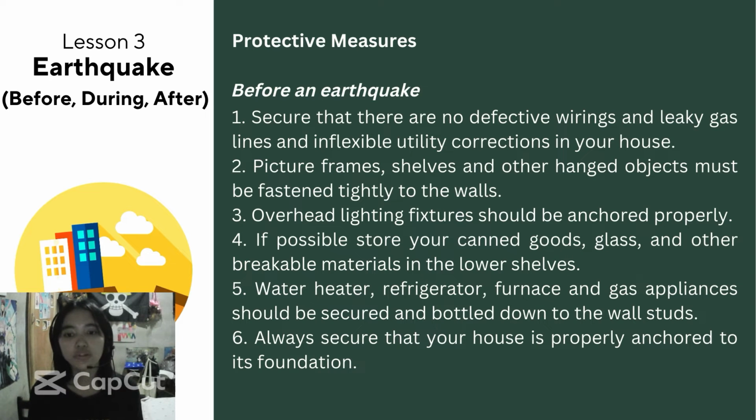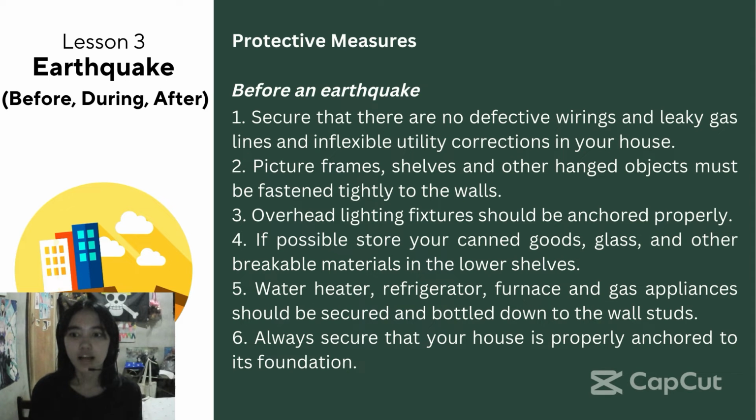So to prevent it, first, secure that there are no defective wirings, leaky gas lines, and inflexible utility connections in your house. What this means is that you should secure that there are no wirings that might be exposed if an earthquake happens, and no leaky gas in your area, since there is a possibility that it could cause a fire.